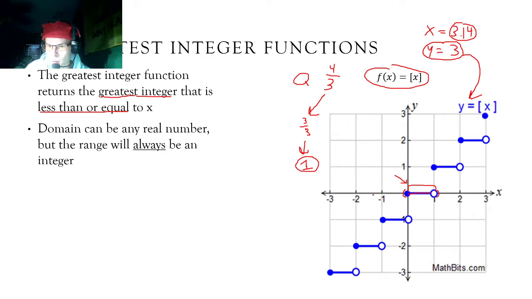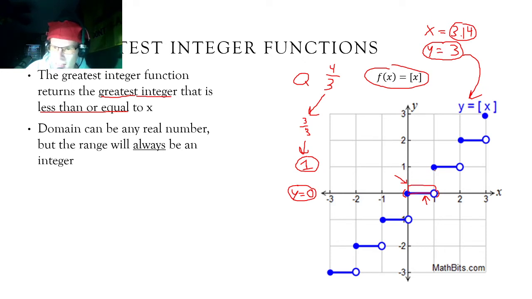Okay? So right here your y value is 0, where your x-axis is, that means y equals 0. Everything between 0 and 1 for what x equals, y is equal to 0. Hopefully that makes sense, but that's how the greatest integer function works.